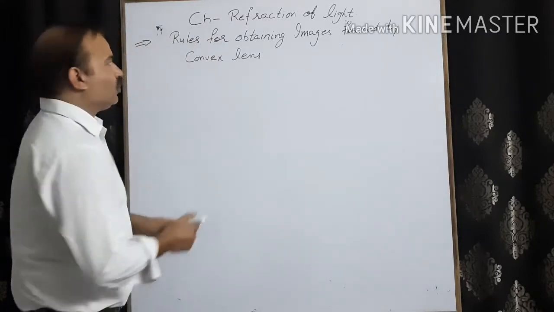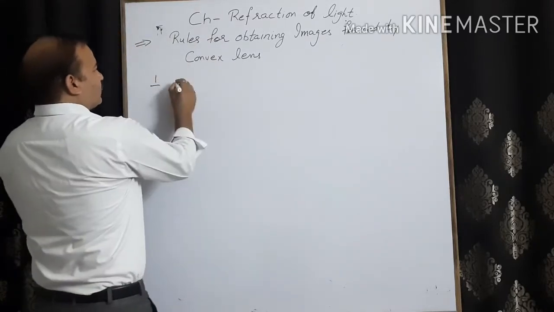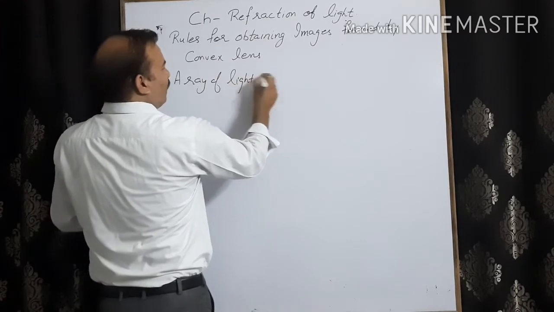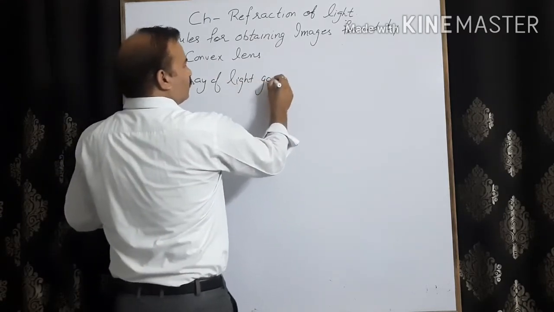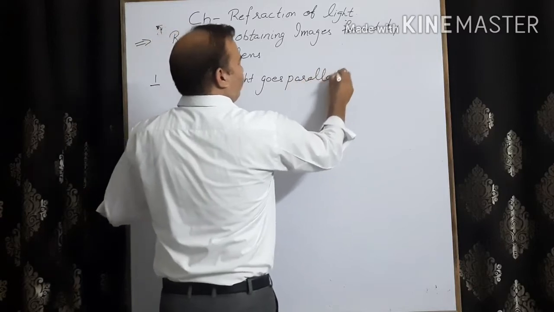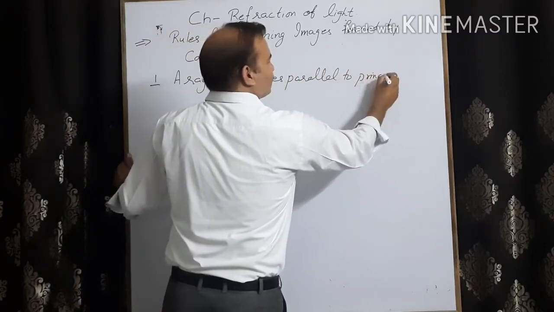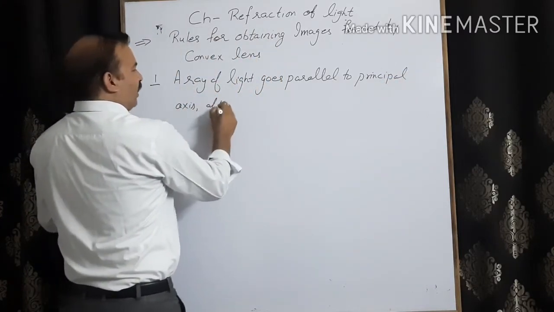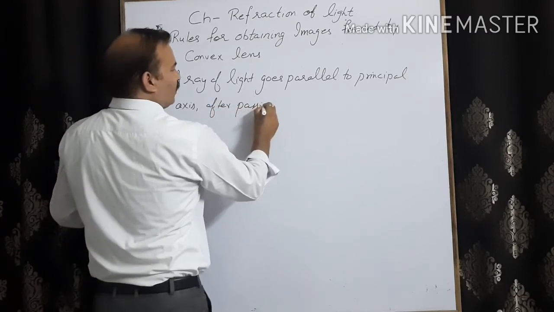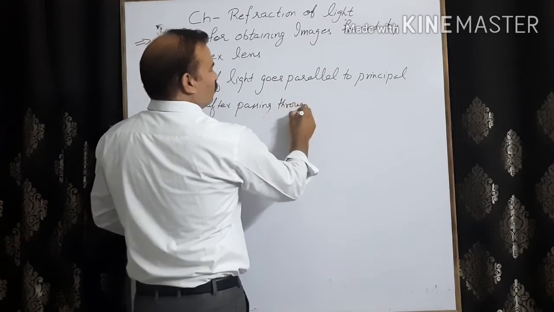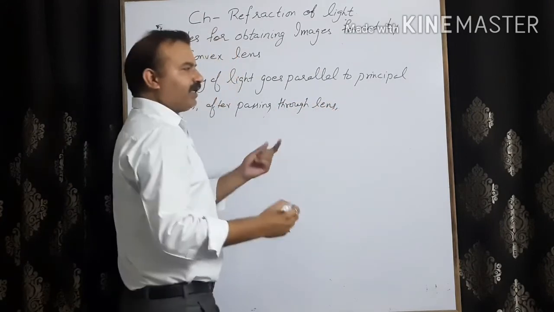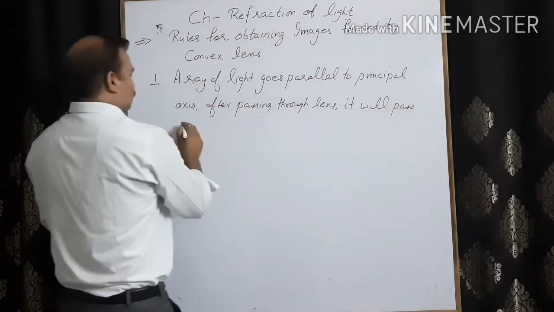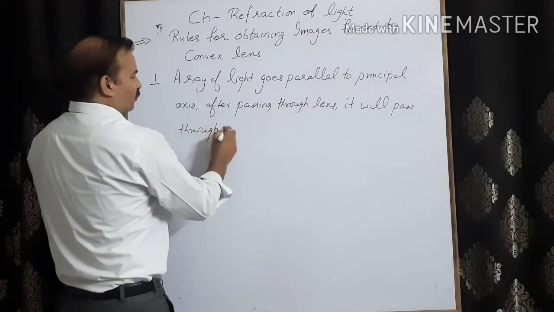So first of all, those three rules. Rule number 1: a ray of light going parallel to the principal axis, after passing through the lens, that means after refraction, it will pass through the focus.